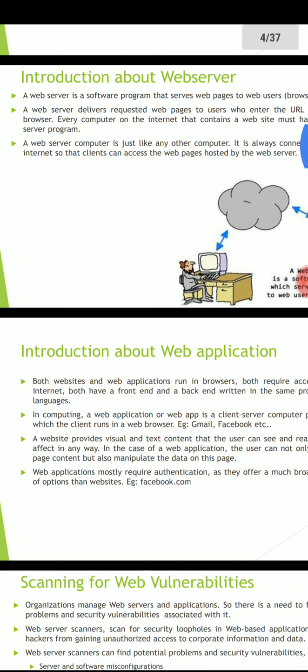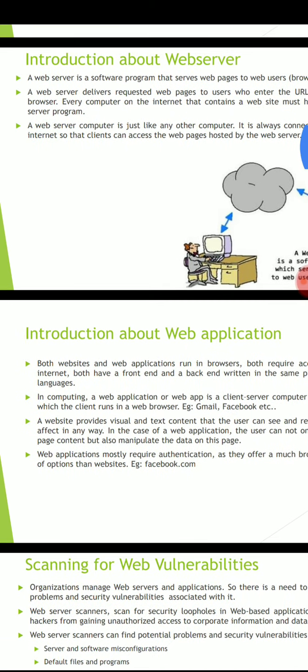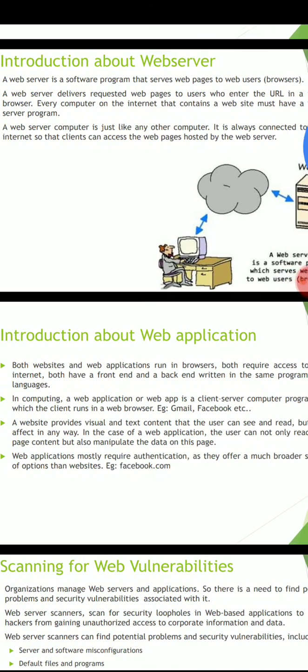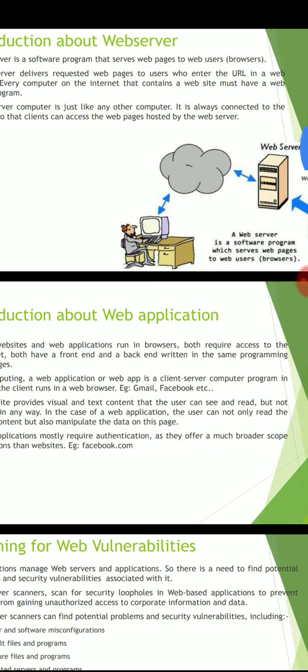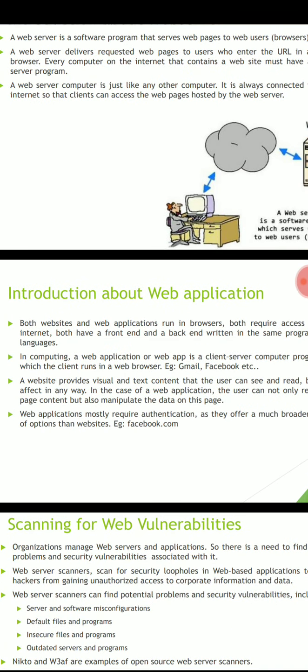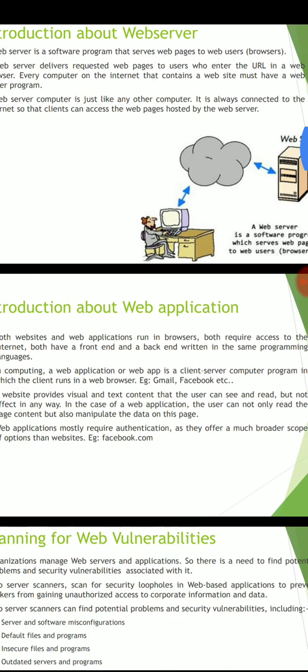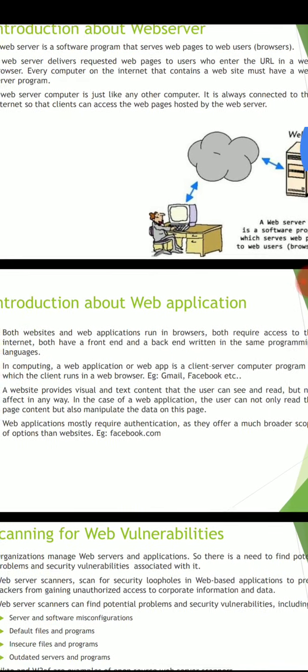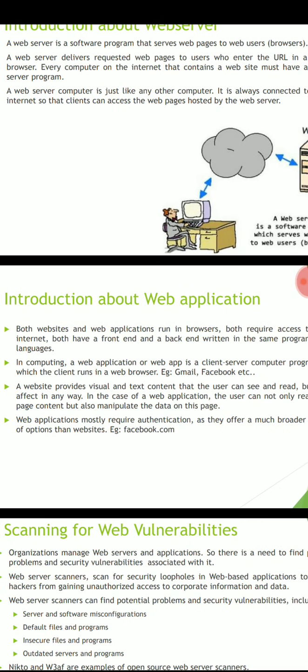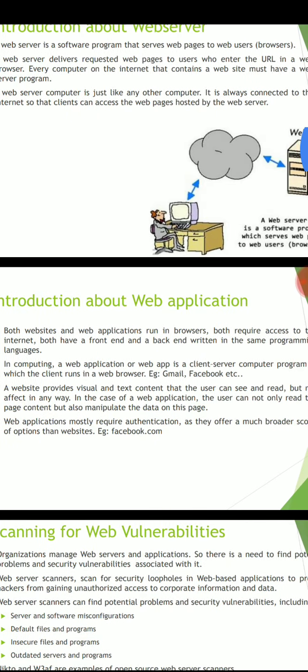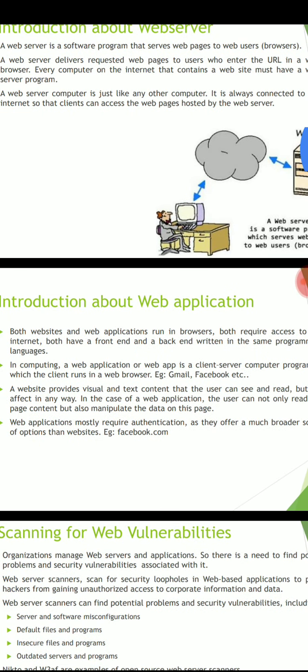So, introduction to web application. Both websites and web applications run in browsers. Both require access to the internet. Both have a front end and back end written with some languages. In computing, a web application or web app is a client-server computer program. So a web app is nothing but a client-server computer program, combinedly called a web application.